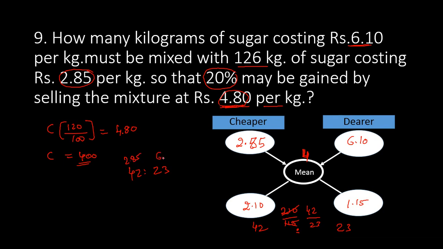This is the sugar which costs 6 rupees 10 paise. Now what is given? 42 parts is equal to 126. If 42 parts equal 126, 23 parts is equal to how much? 42 3s are 126, 23 3s are 69. Simply the answer is 69.